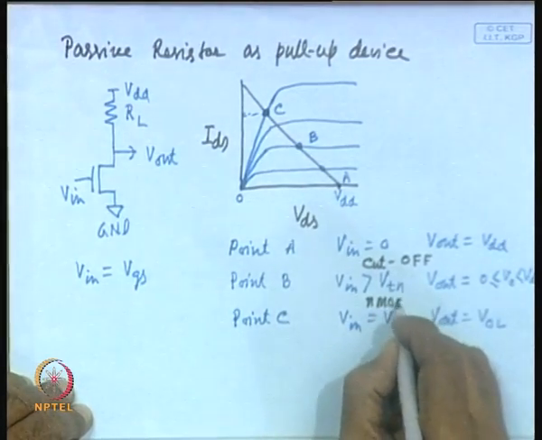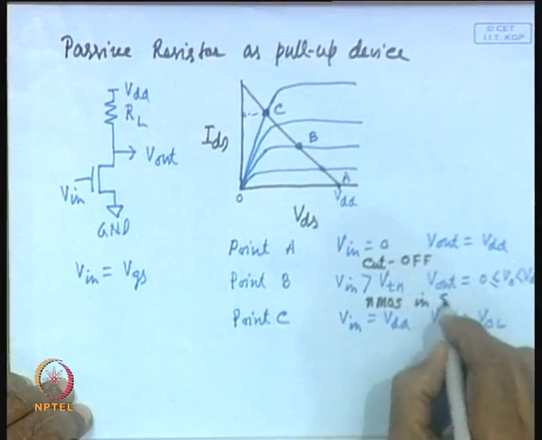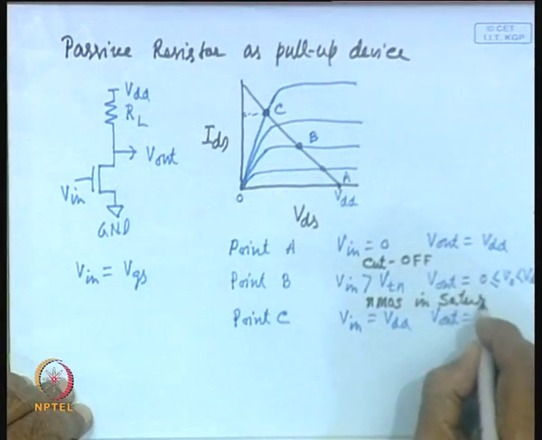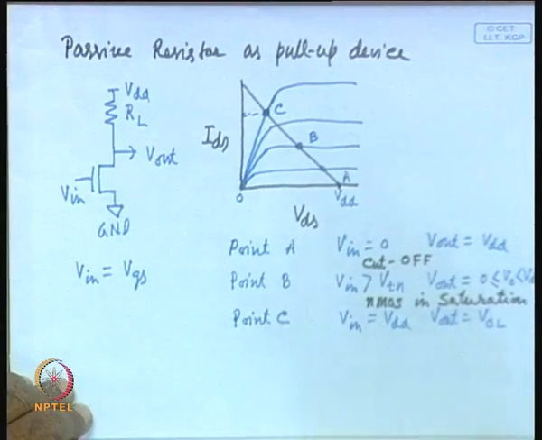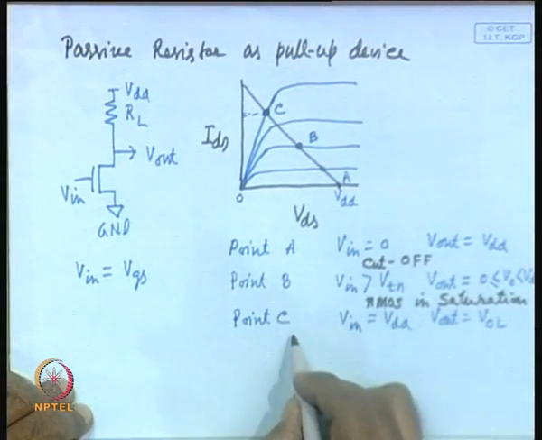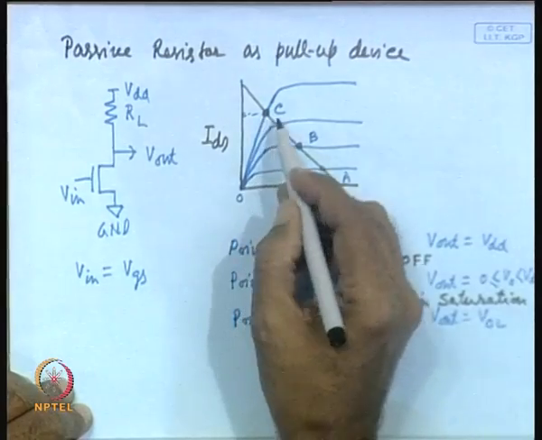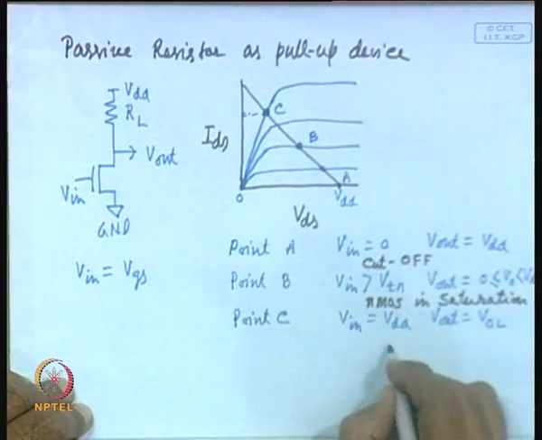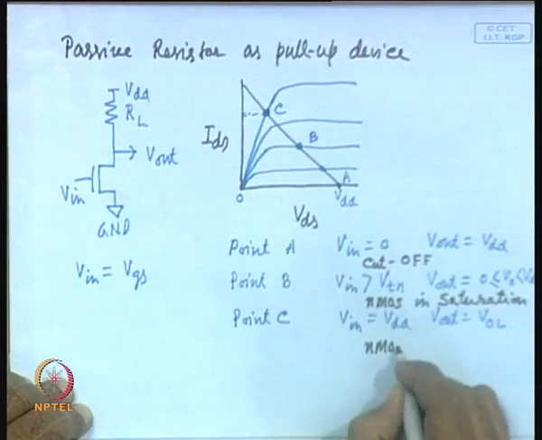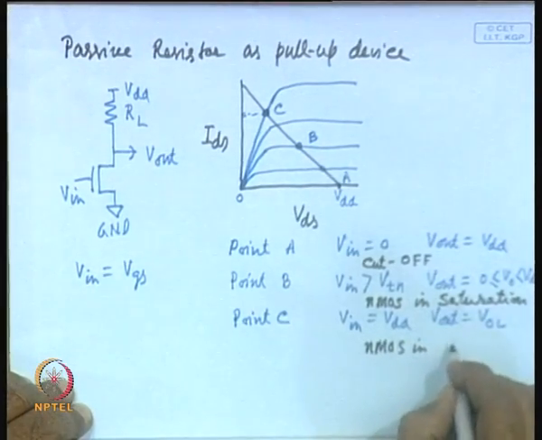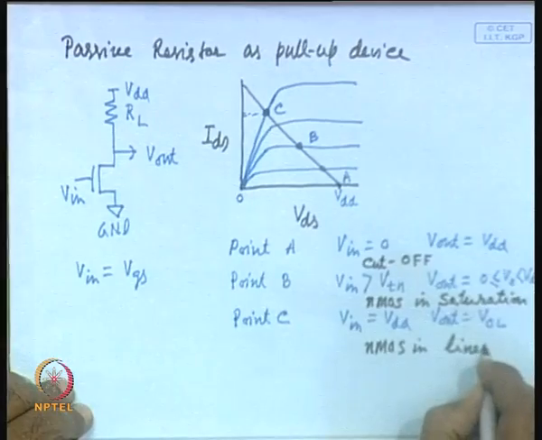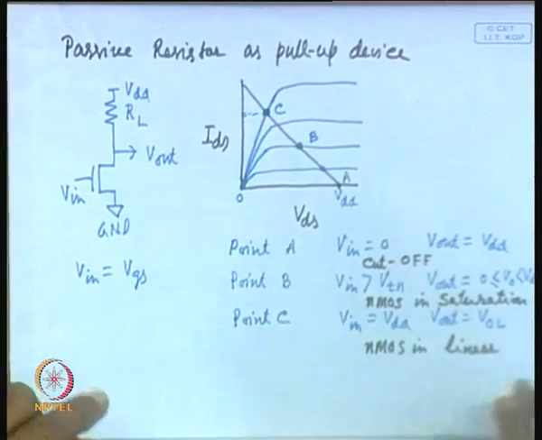At point C, you note that it is no longer in the saturation region; the NMOS is in the linear region, or weak inversion region. So, as the input changes from 0 to VDD, the transistor switches from cut off to saturation to linear region.